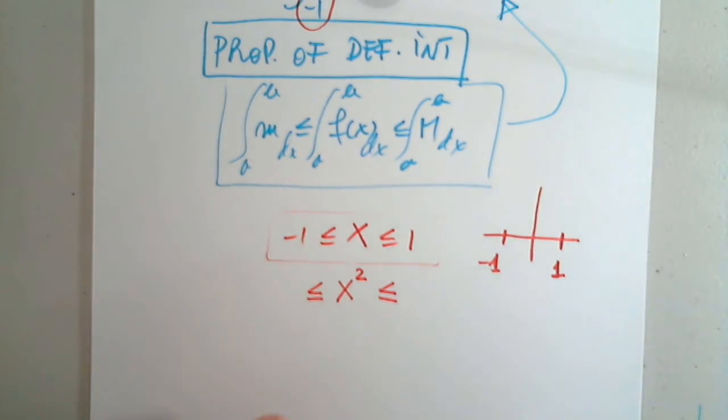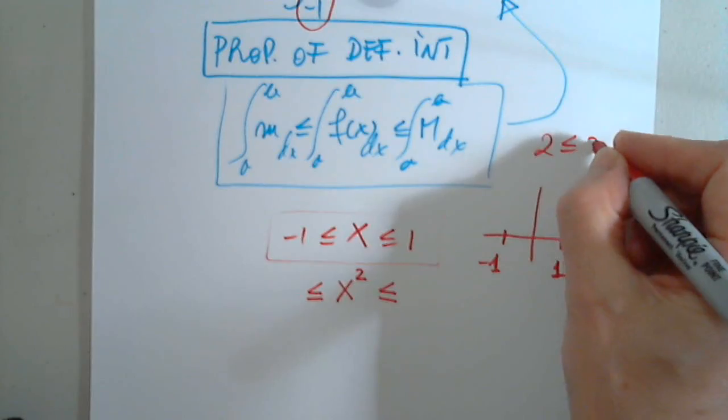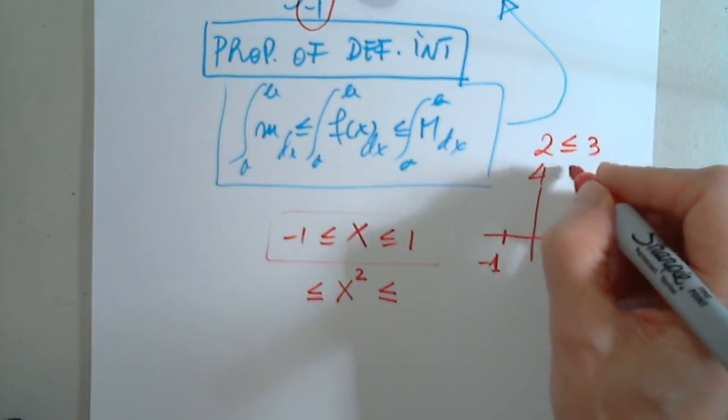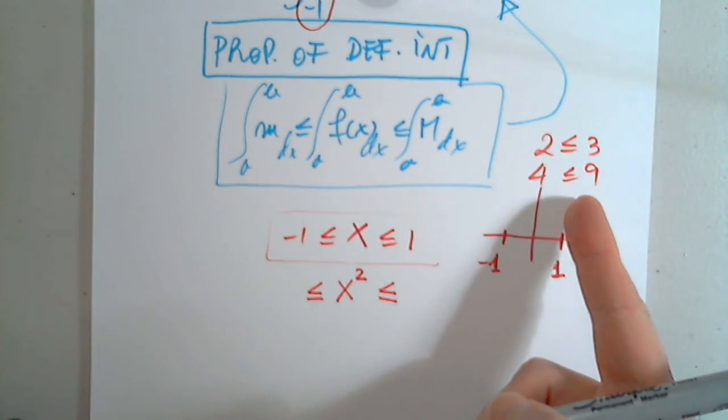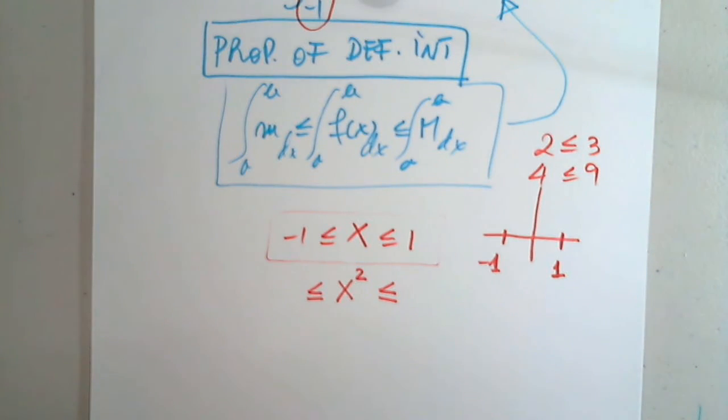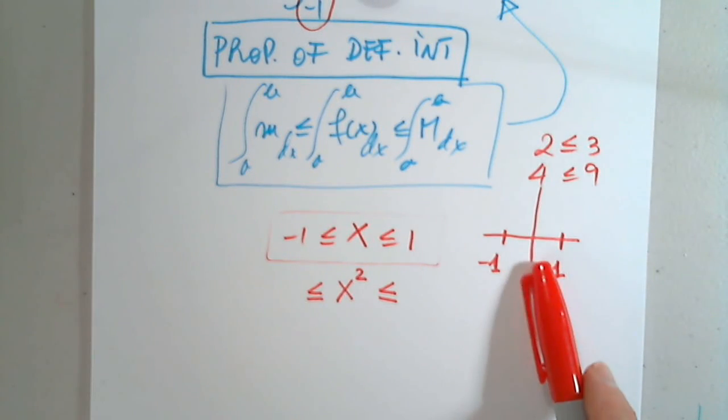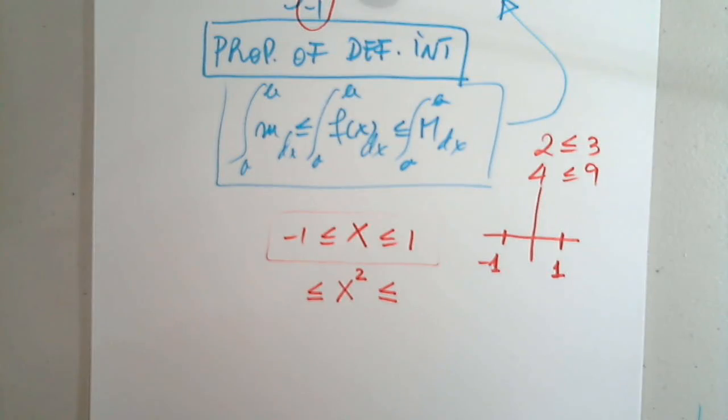I could, in this case. Can I square? Yeah, of course. Like this, I can. But not when values are positive and negative. I cannot do that. So if a number is between -1 and 1, how will x squared look?